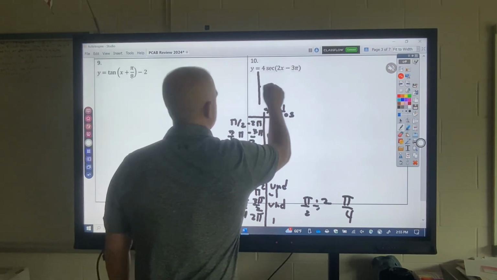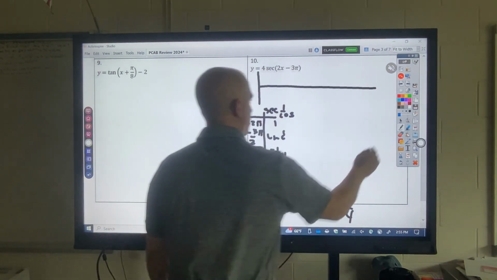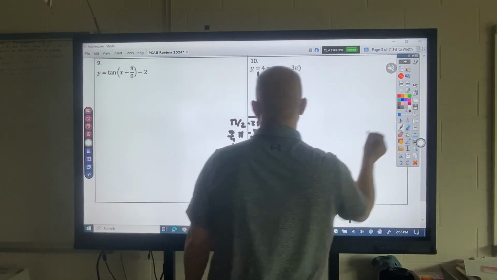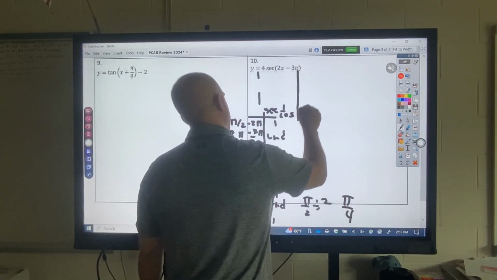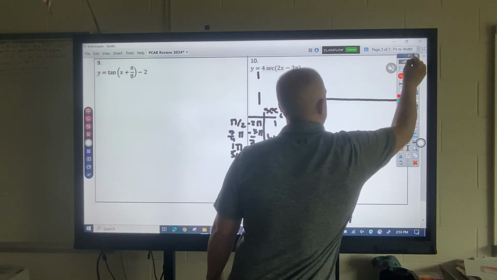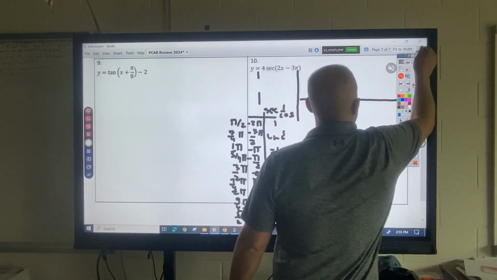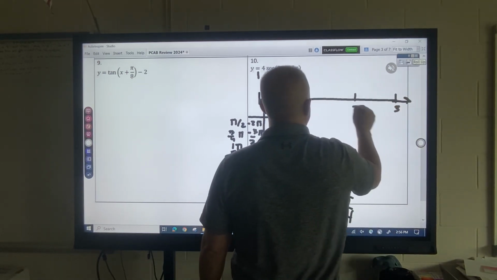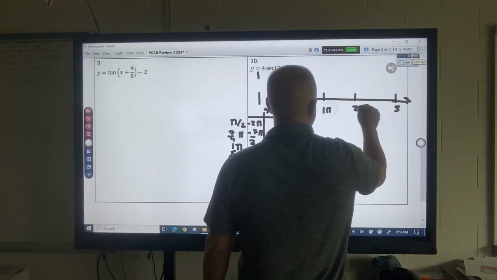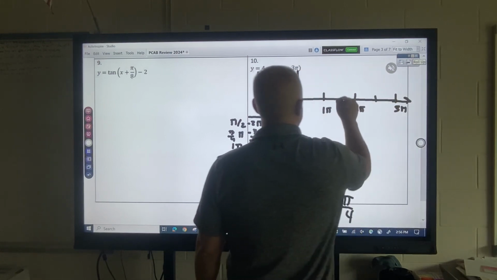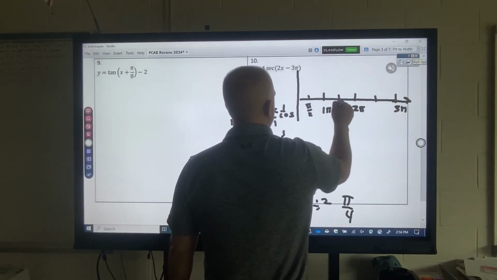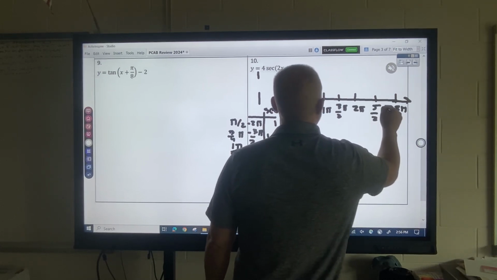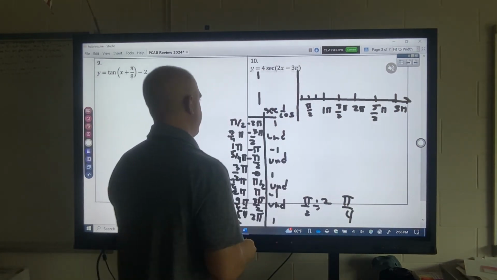So what I'm going to do, I got to at least do it here. Okay, these are halves, so pi/2, 3/2, 5/2, and these would be the fourths.